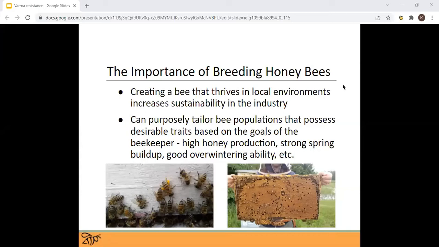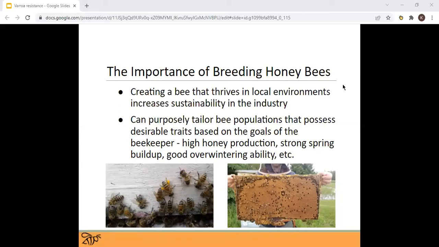Things like overwintering ability and disease resistance traits are good no matter what you do with your bees, and good for a bee population in an industry to possess.